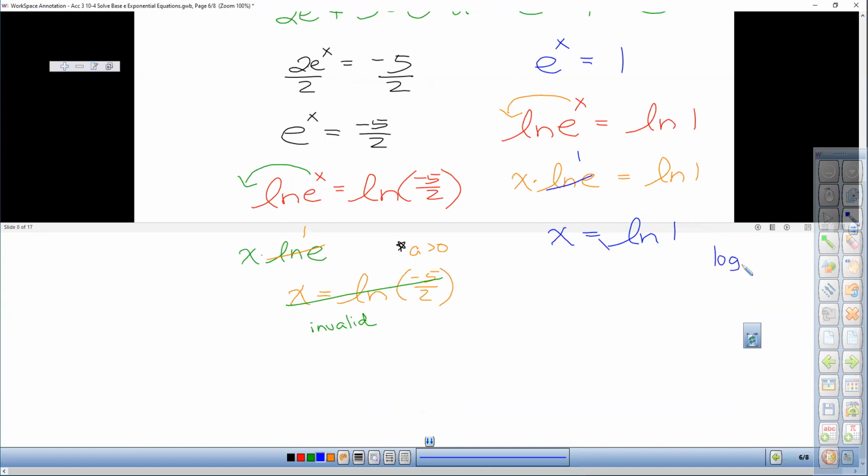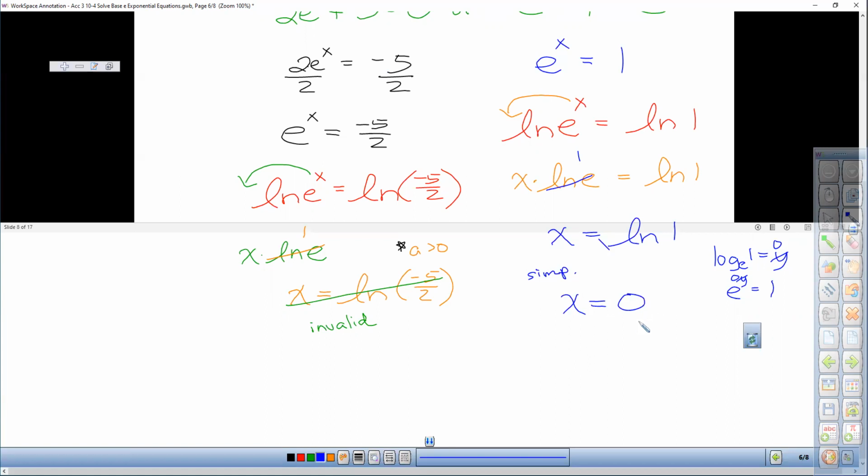This is log base e of 1 equals an exponent. And so you need e to a power to equal 1. The only exponent value that creates a power equal to 1 is 0. So that tells you that your logarithm equals 0. So you simplify this to x equals 0.